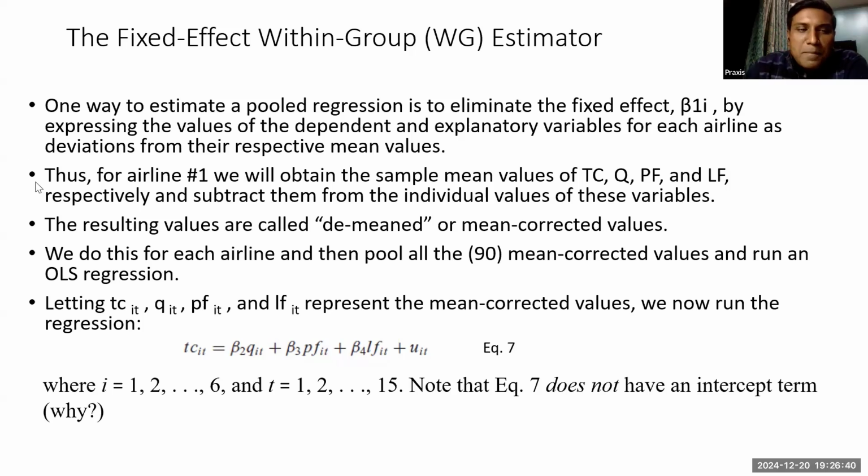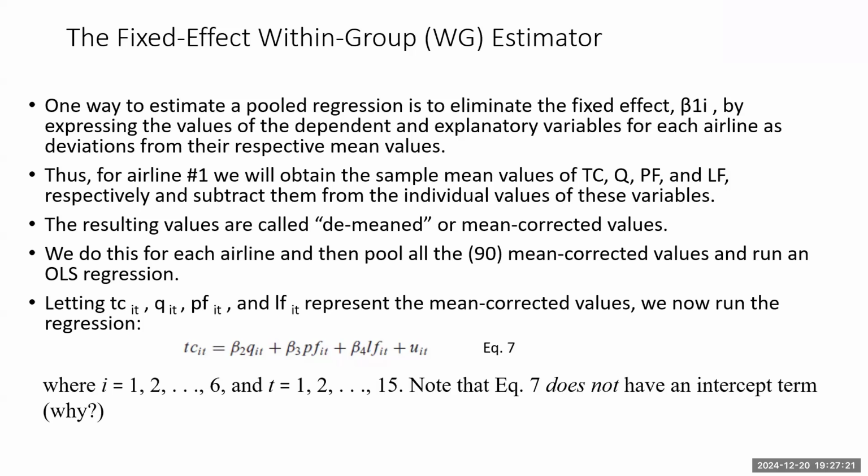So mathematically speaking, if I do the demeaning part, and if you use the notation small tc it, small q it, pf it, and represent them as the mean corrected or demeaned values, then we can rewrite the model in this way. And you see, in this model there is no intercept. Why is there no intercept in this model?